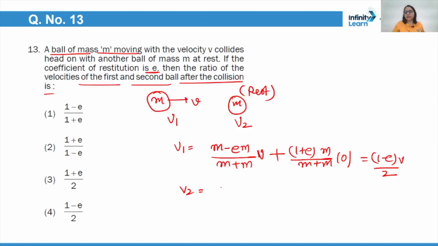Similarly, v2 will be 0 plus (1 plus e) into m1 divided by (m1 plus m2) into u1. So this is (1 plus e) into v by 2, right? So the ratio will be option 1.